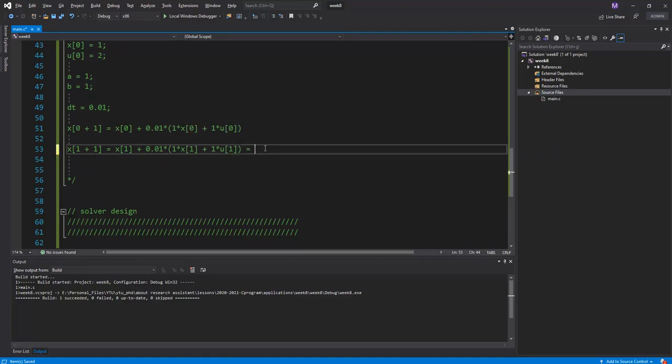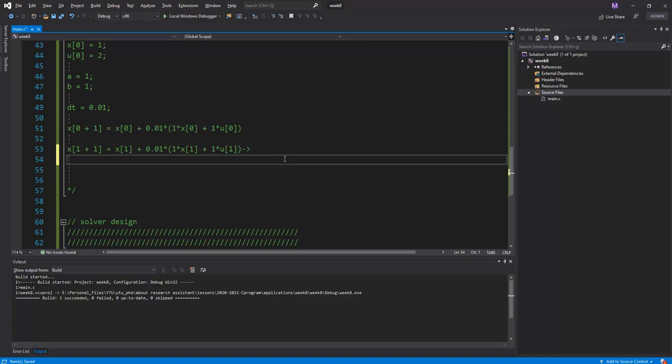And so this equation can be interpreted like this. x2 is equal to x1, which comes from these things because this value is included in here, and so plus 0.01 times 1 times these things plus 1 times u1.